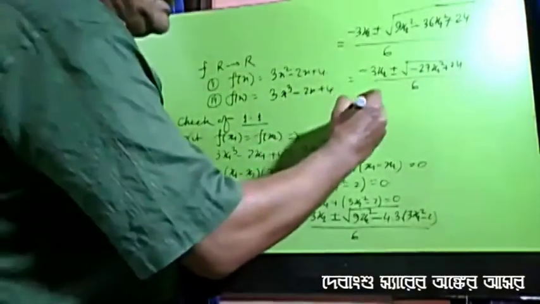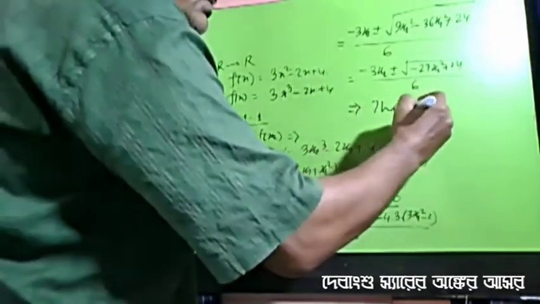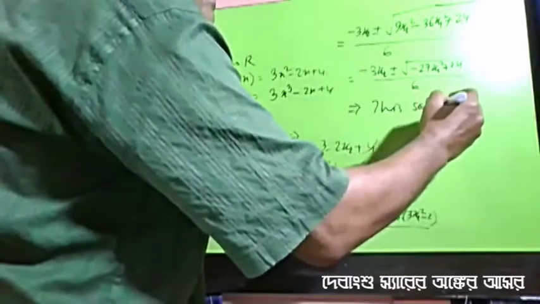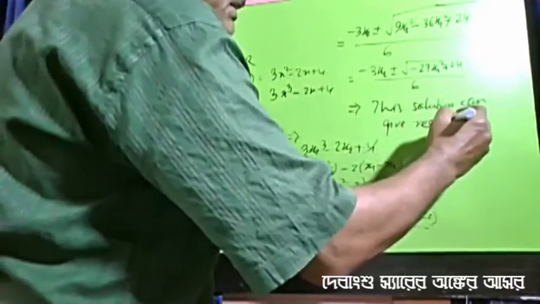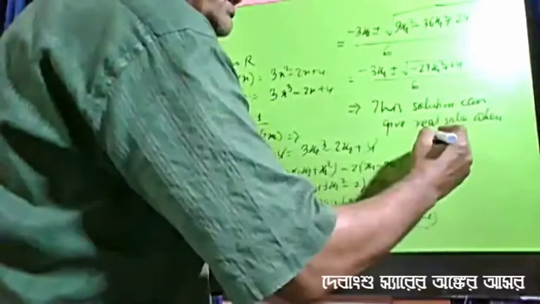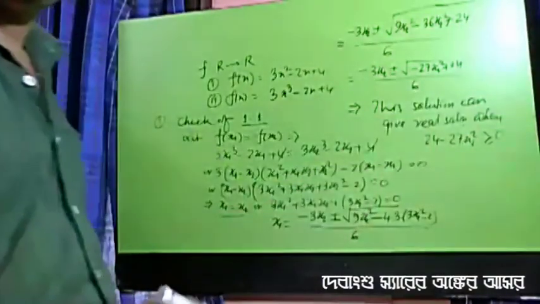That implies this solution can give a real solution when 24 minus 27 x2 square is greater than or equal to 0.